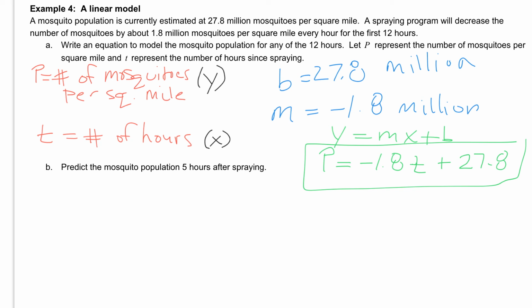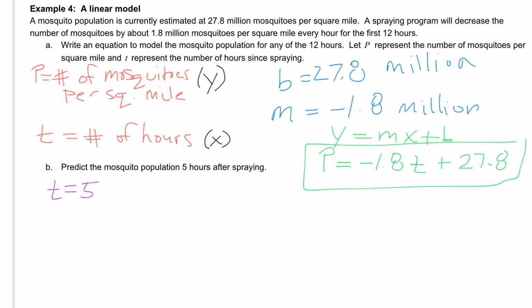In part B, we want to go ahead and predict the mosquito population 5 hours after spraying. Well, if we're looking at 5 hours, we need to know, are we plugging in for x or y, or t or p? So hours is t, so we know that t is equal to 5. And we're going to take that t and plug it into the equation we just found. So this 5 going into here.